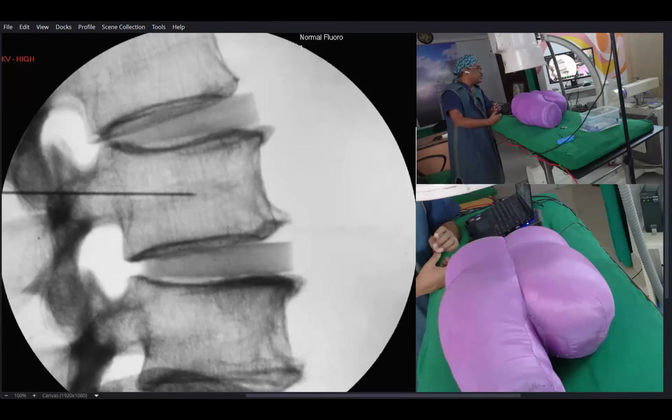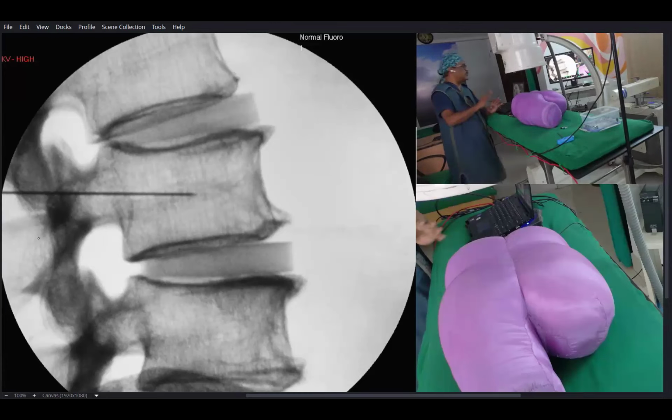Many times you will not be able to appreciate the pedicle nicely in an AP view. So to make the pedicle better seen, you can make a little bit of oblique till the pedicle is best seen, and then you can start. Once you have started your needle entry into the pedicle, there is no need of doing any oblique again.